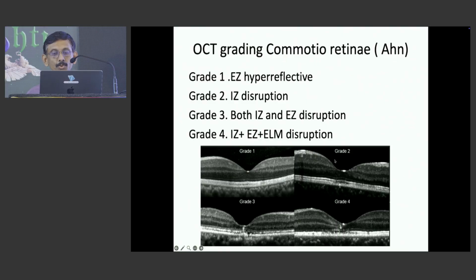In grade 2 injury, there is disruption of the interdigitation zone. In grade 3, there is disruption of both the interdigitation zone and the ellipsoid zone. And in grade 4, along with this, you get disruption of the ELM, external limiting membrane. In such cases, usually you will see later foveal atrophy in these patients.